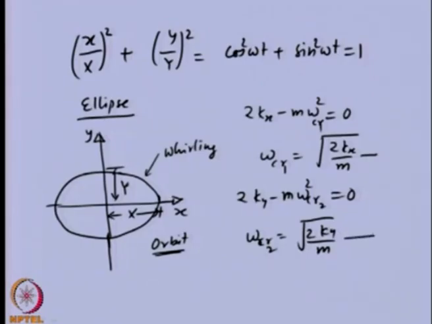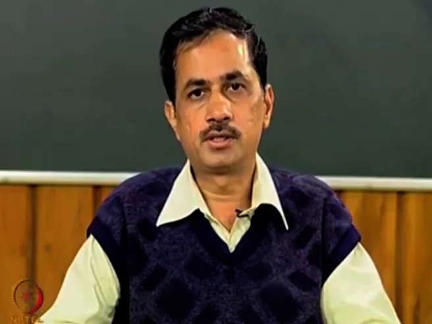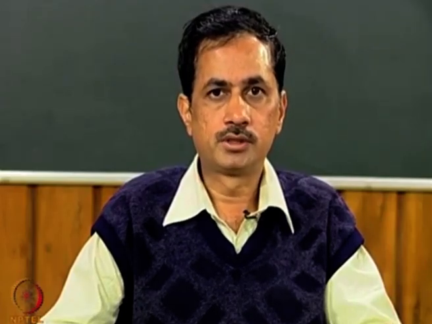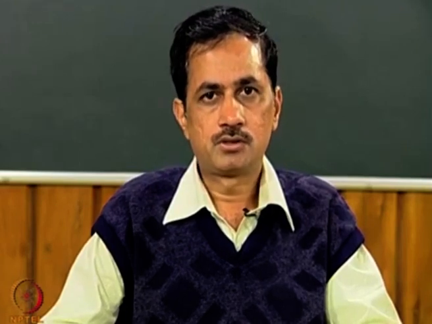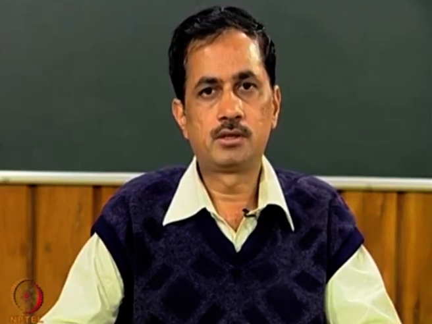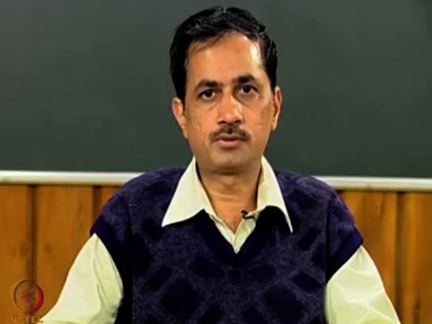We got two critical speeds. Till now we have considered the equation of motion in the x and y direction, but we have not considered the equation of motion in the phi x direction and phi y direction. So, we expect another two critical speeds corresponding to those directions. So, let us obtain them.